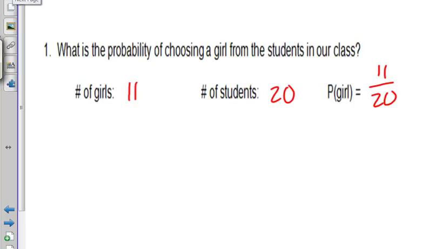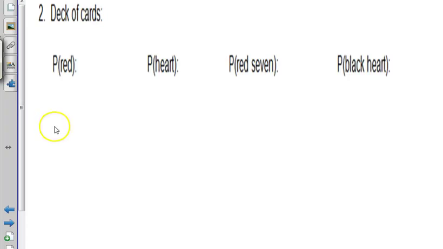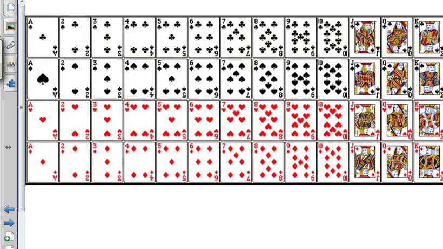All right, deck of cards. I put some pictures on here. How many of you feel totally unfamiliar with a deck of cards? Anybody? Okay. 52 cards. We're not talking jokers here. 4 different suits, aces through 10, and then jack, queen, king.